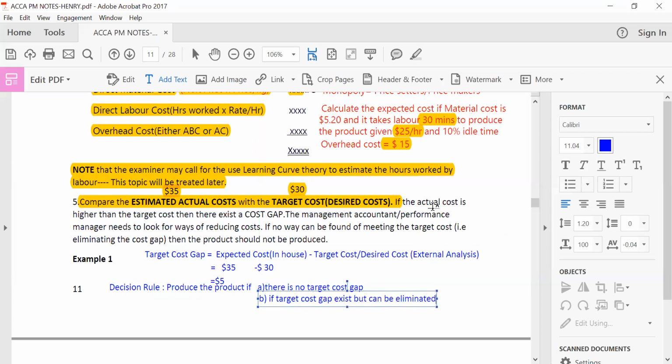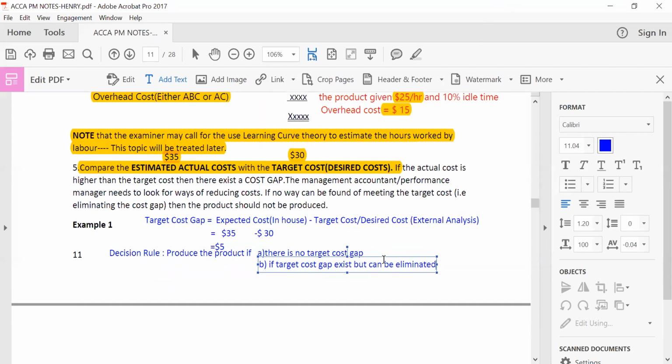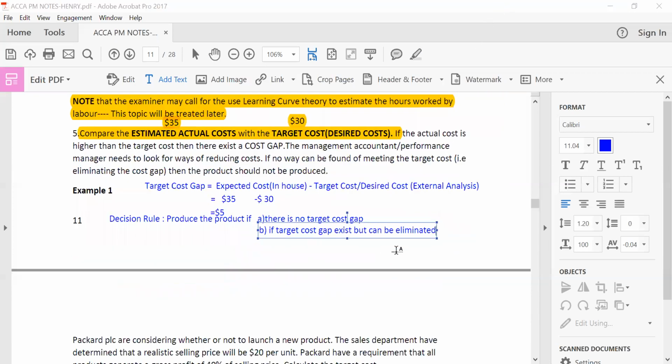So the decision criteria to decide whether to produce a product or not is what I've shared with you. Produce the product if it does not have any target cost gap. Or probably there exists a target cost gap, just like in this case of $5, but you can eliminate it. Fine, produce.